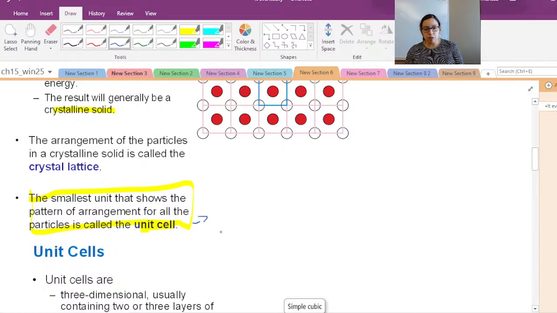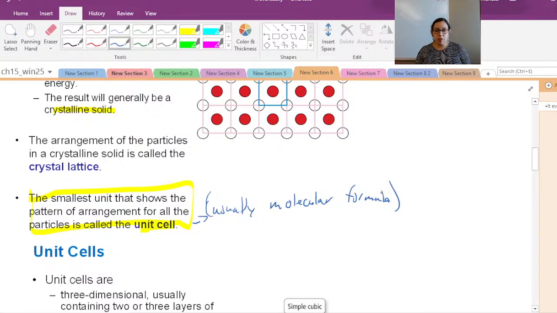So it's usually the molecular formula that you would get. In an ionic compound, you get the ratio. For sodium chloride, we know they're in a 1-to-1 ratio from our unit cell, so part of your unit cell is formally 1 sodium, 1 chloride unit.